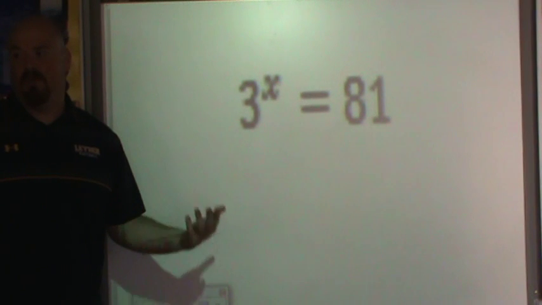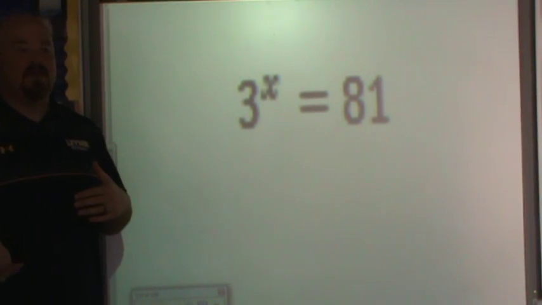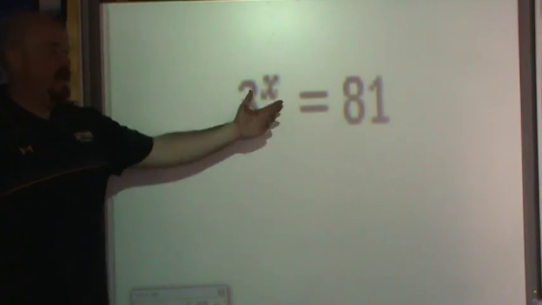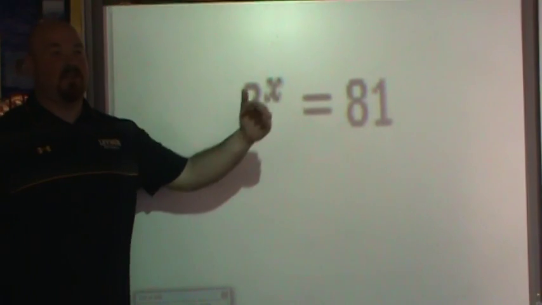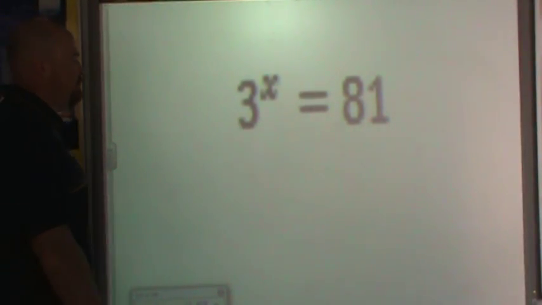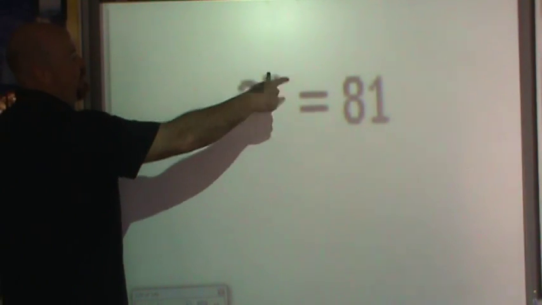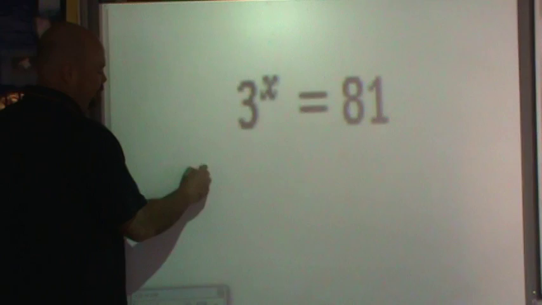That's what logarithms do. When you take the log of both sides, you create a single layer of a problem that you can then solve for x. You bring that x out of the exponential level. That's the undoing of that exponent. So we have logarithms in order to help us understand the math behind this.